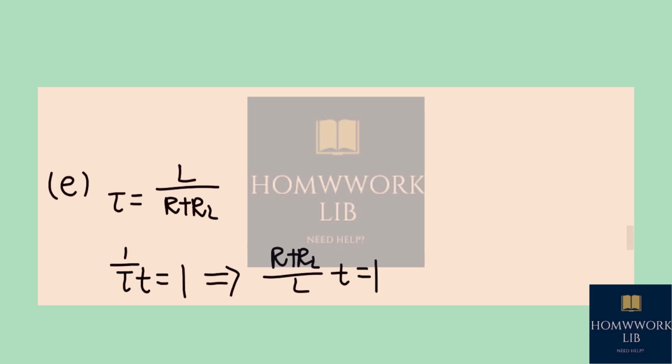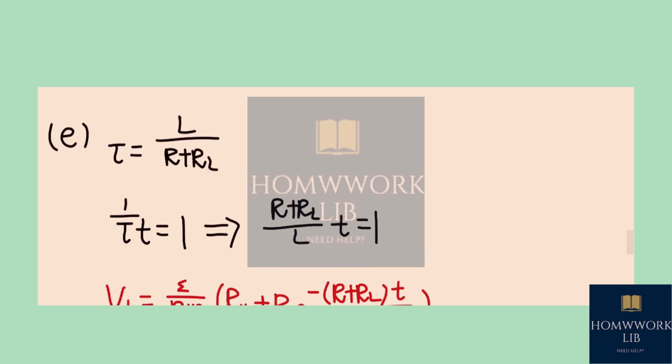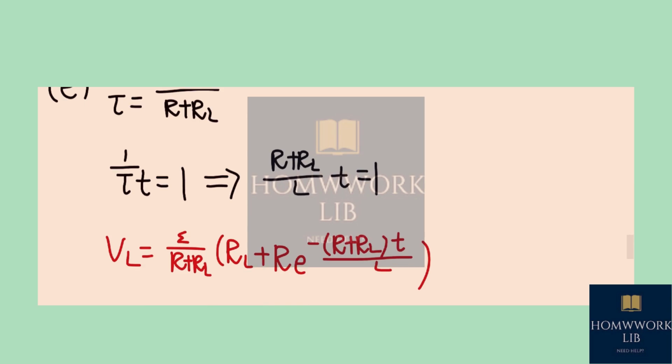And for the last question, we know the time constant tau can be equal to L over (R plus RL). And we know 1 over tau times t should be equal to 1. So therefore, (R plus RL) over L times t is equal to 1. And we know VL is equal to EMF over (R plus RL) times (RL plus R times e to the power of negative (R plus RL) times t over L).